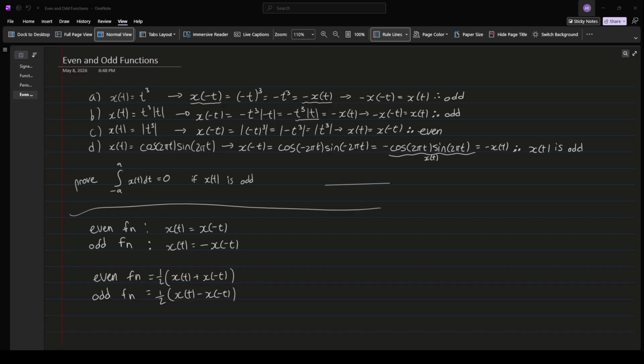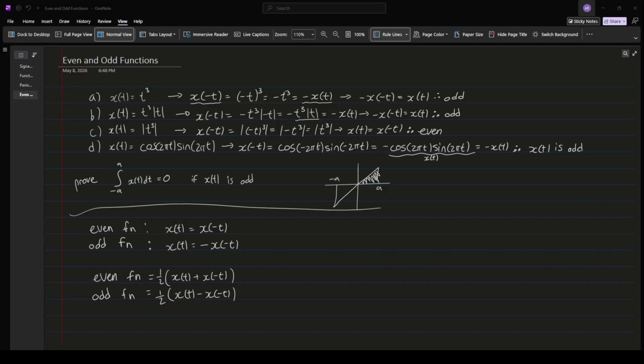But if you look at it graphically, let's say you have a function x of t that looks like this, right? And so the integral until a is going to be this area under the graph. But if you have an odd function, that means that you have this part and you also have this symmetry over here, where this is negative a.